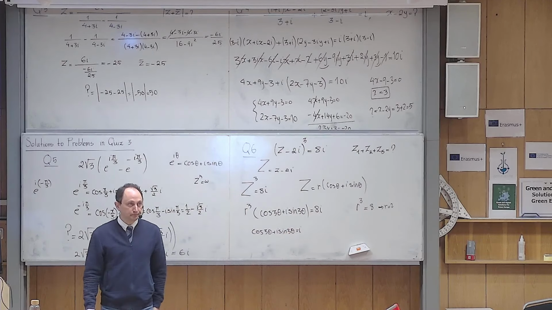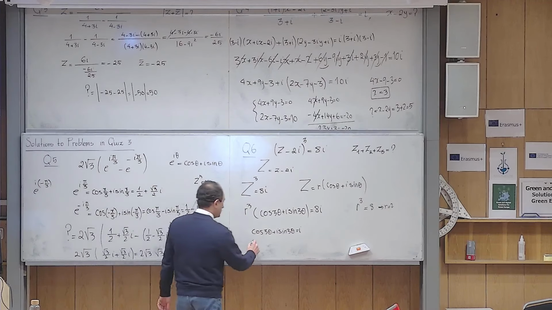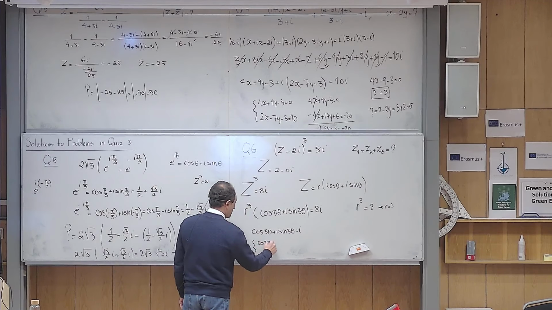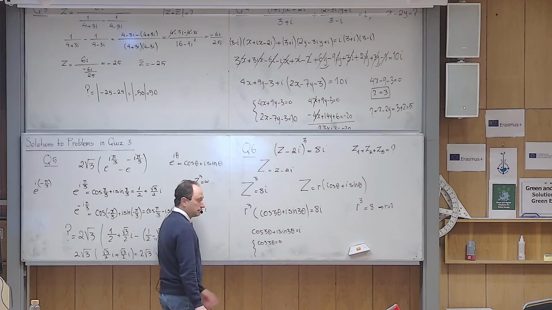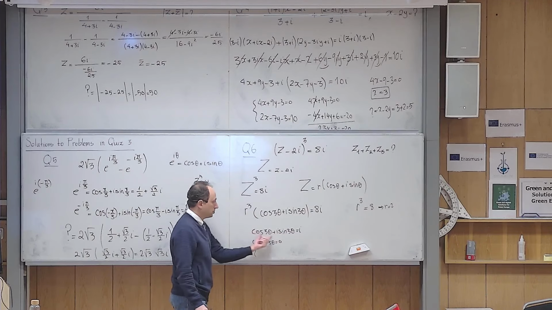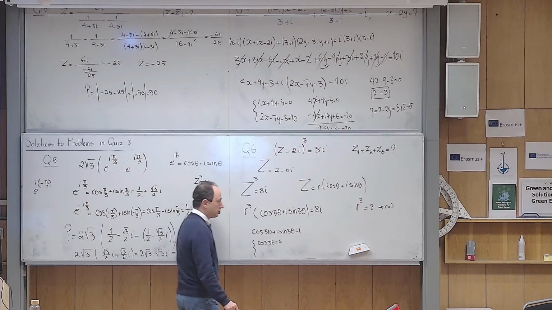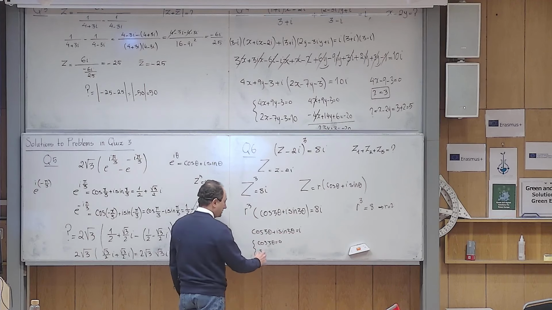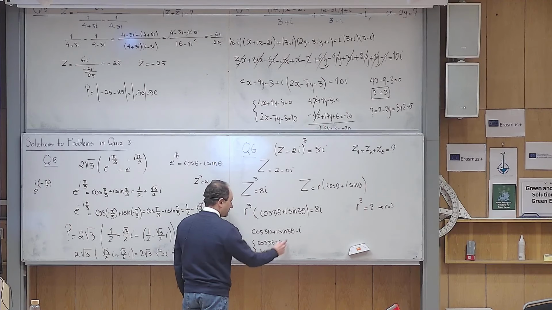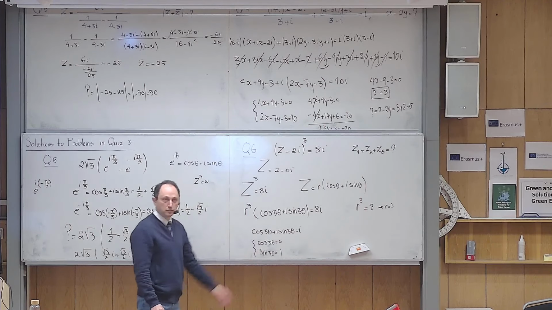Yes or no? Okay. And then this is extremely simple because cosine 3 theta should be 0. This is a complex number. This is the real part, and this is the imaginary part. The real part on the right hand side is 0, and the imaginary part is sine 3 theta on the left, 1 on the right. They have to be equal.